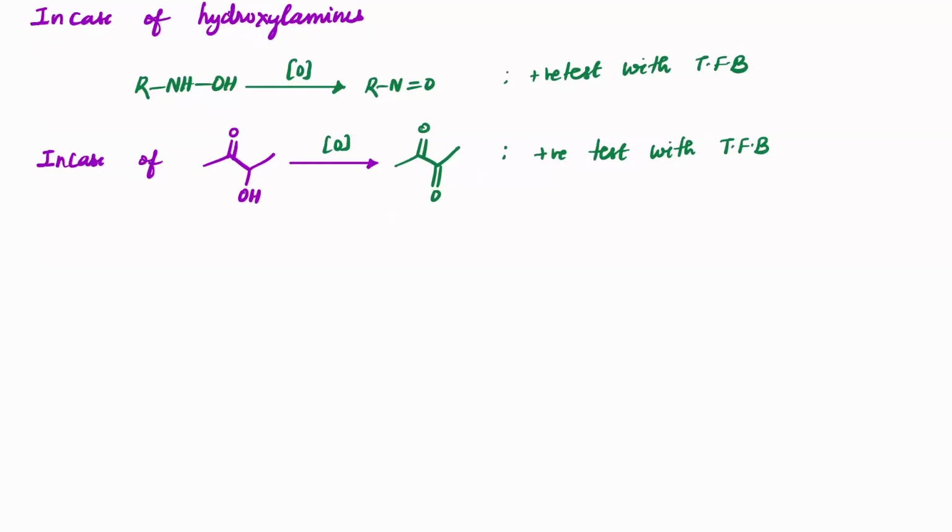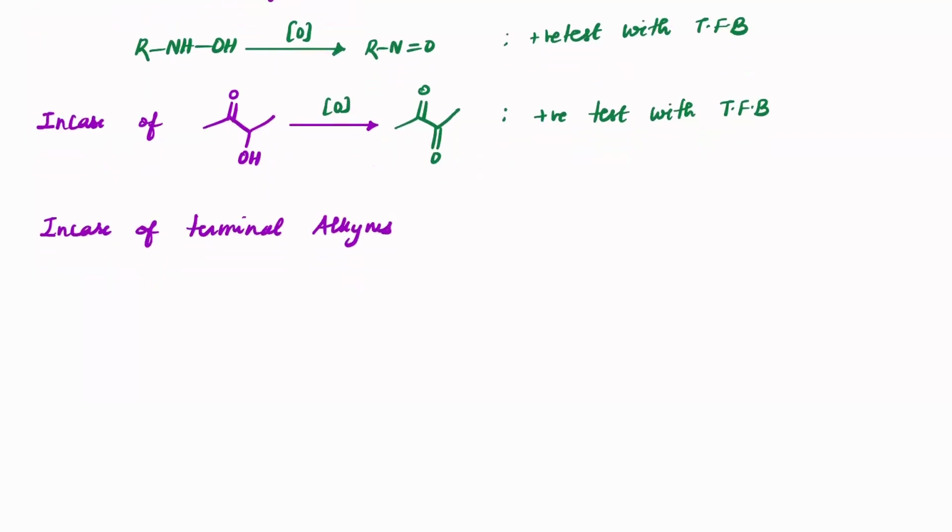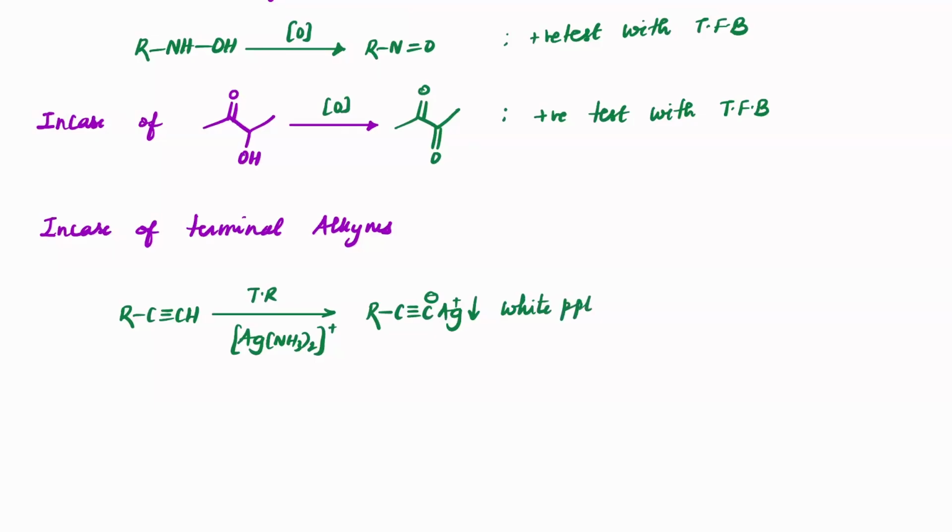Next, in case of terminal alkynes, so what do I get? RC triple bond CH. If you treat with Tollens reagent, that is silver ammonium salt, in that case it will convert into RC triple bond C minus Ag plus, which is a white precipitate.